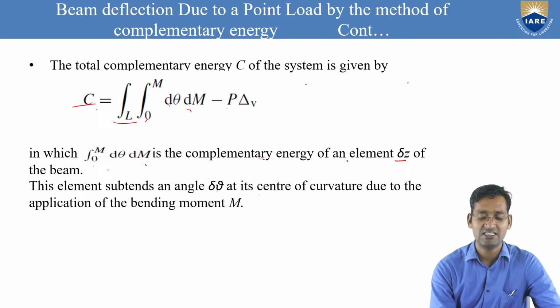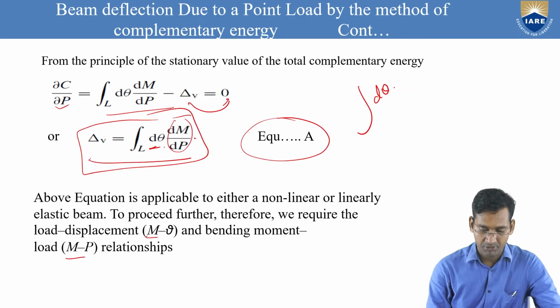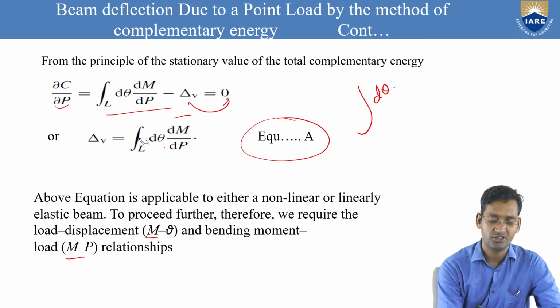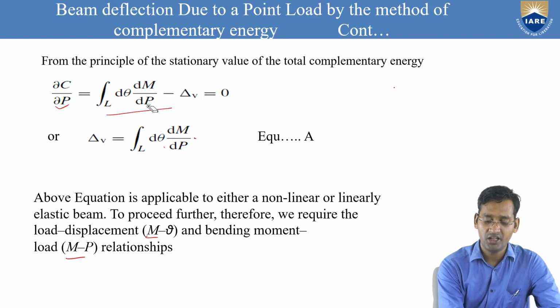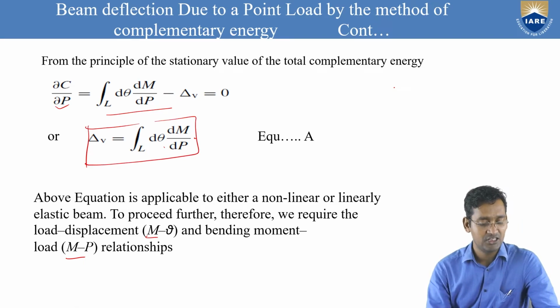Hence delta d equals the integral of d theta into dm by dP. This is the final equation, in which we have to substitute the value of d theta and dm by dP. D theta we already found, so we can substitute it.